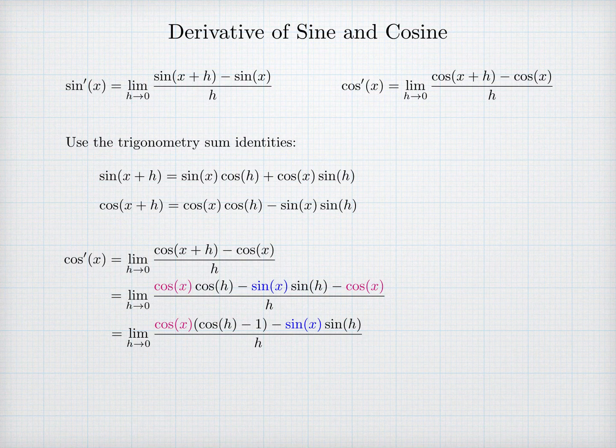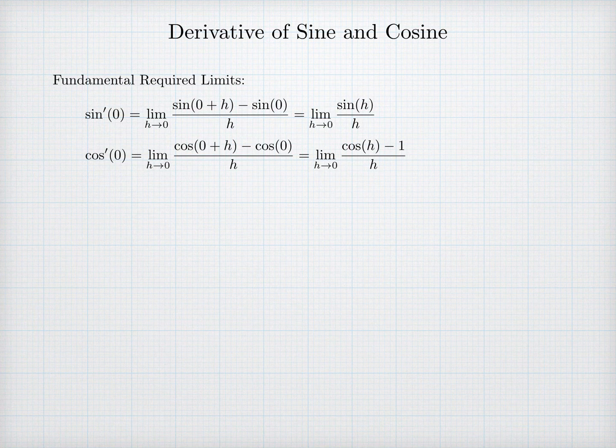Again, using the limit rules, I can split this limit into two parts and bring the functions that only depend on x outside of the limits, so that I get the cosine of x times a limit plus or minus the sine of x times another limit. Notice that we had the same limits appearing in both derivatives.